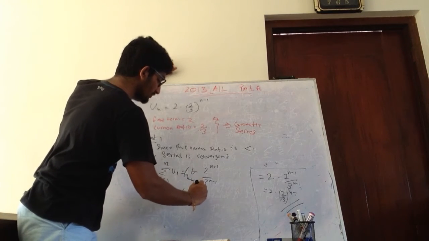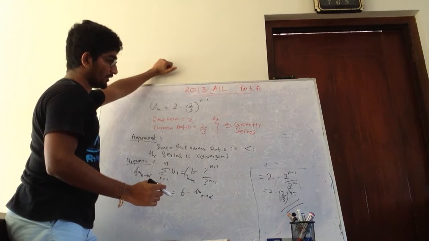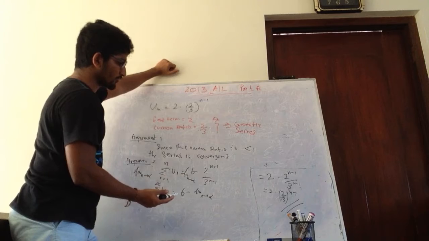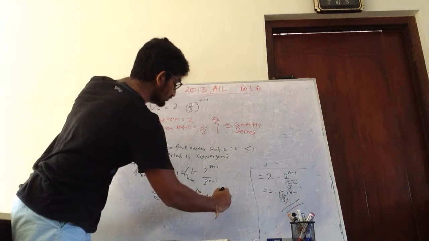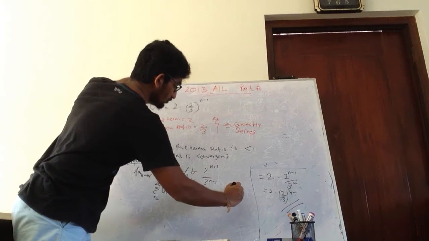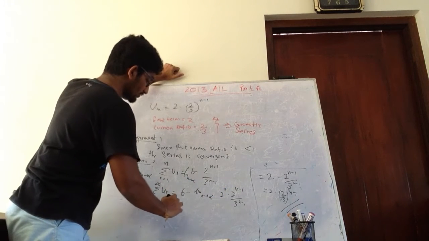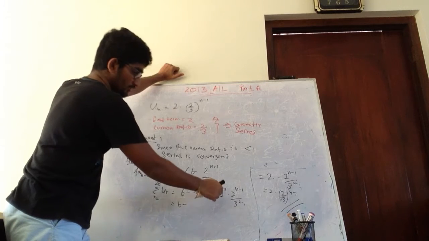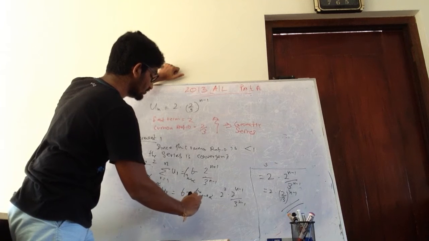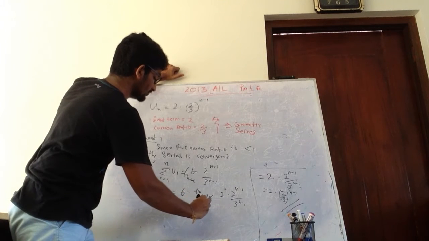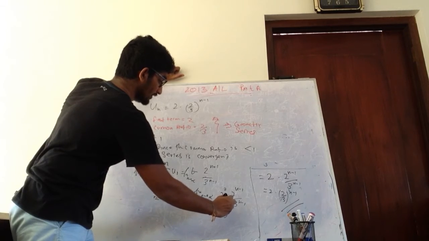So I'm going to take an n minus 1 here, so that means 6 minus 2 to the power of 2, and you can take the 4 out of the limit, so 4 times the limit as n goes to infinity of (2/3)^(n-1).